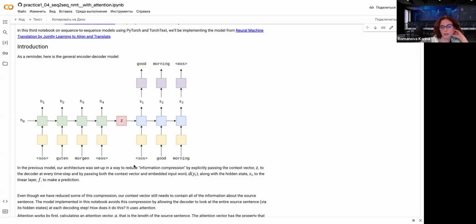And the attention mechanism addresses this issue by allowing the decoder to focus on different parts of the input sequence at each decoding step. It computes a weighted combination of the encoder's hidden states, guiding the decoder to focus on the most relevant words from the input sentence when generating each word in the output sequence.